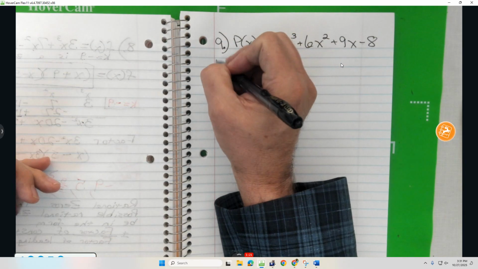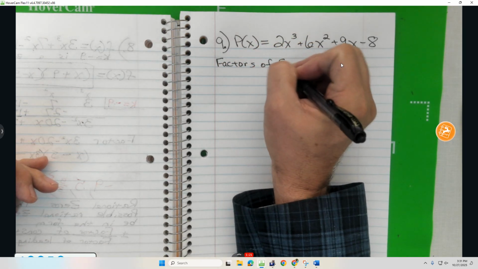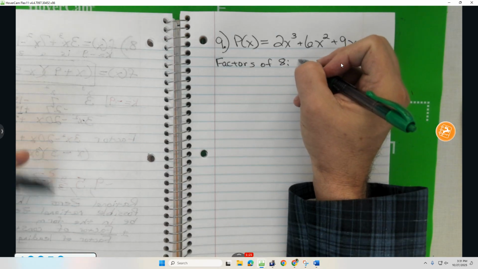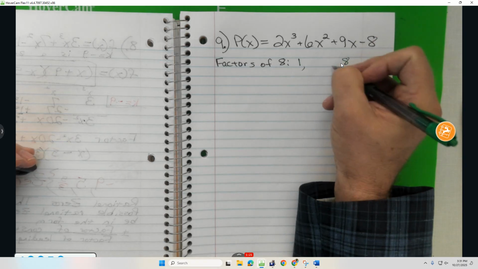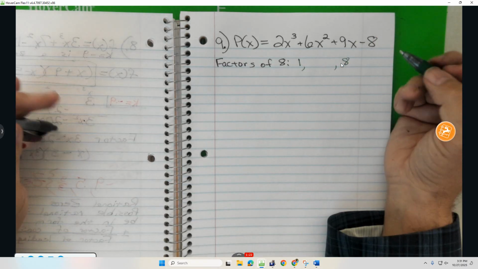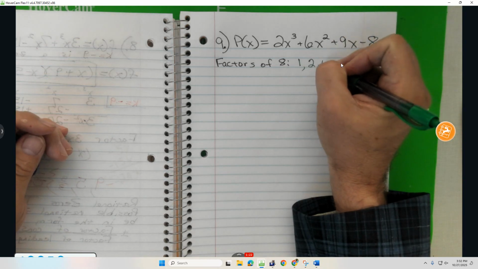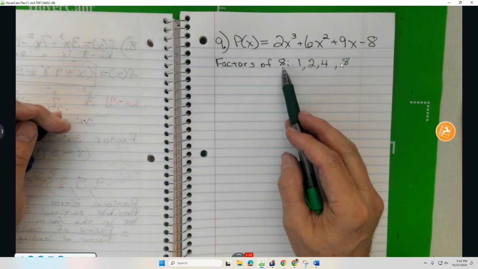All you need are the factors of positive 8. And do the constant term first, because that's going to be the thing on top. 1 times 8. What else? What times what will give you 8? 2 times 4. Anything else? So there are all the factors of 8.